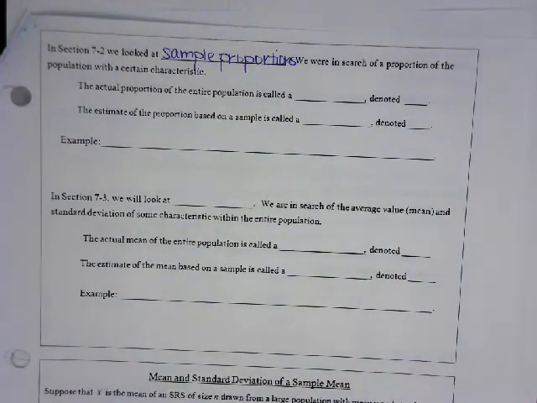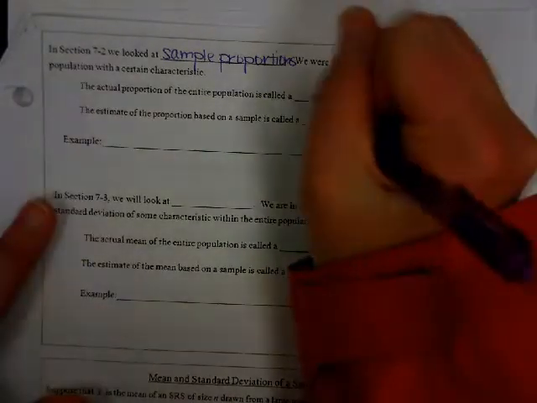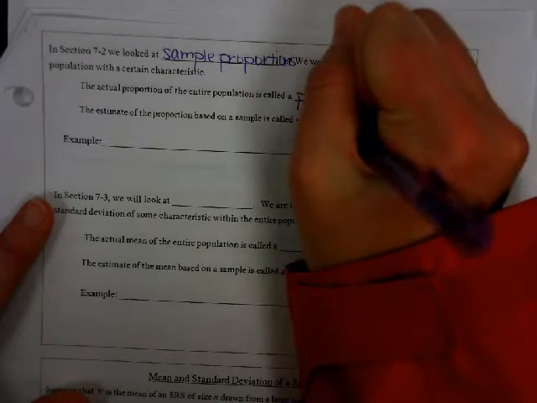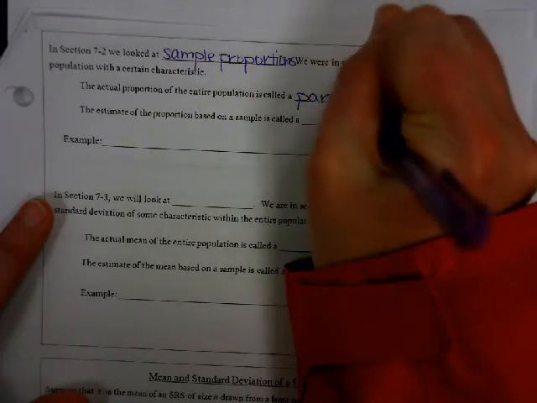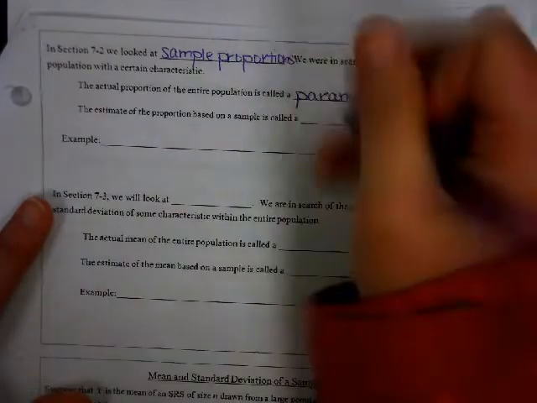The actual proportion of the population is called the parameter, and we use P. The estimate of the proportion based on a sample is called a statistic, and we used P hat.